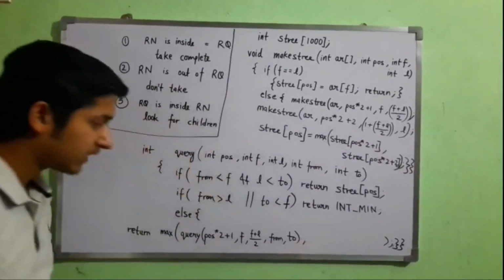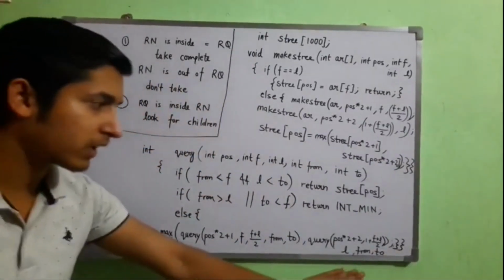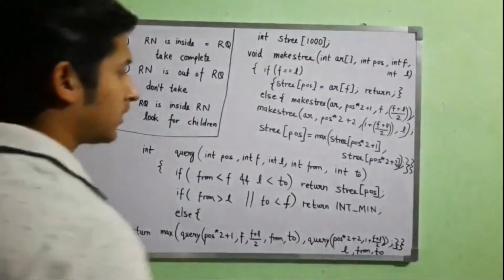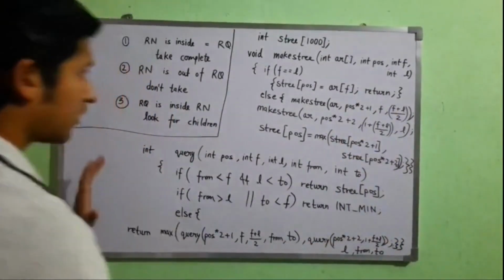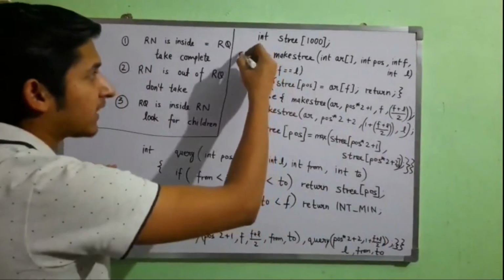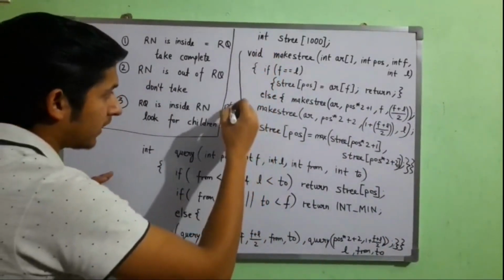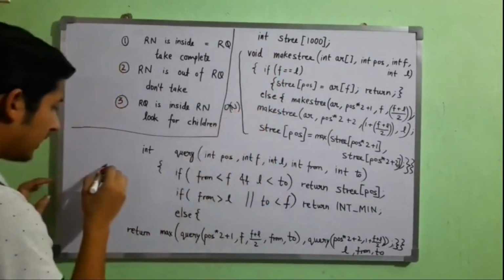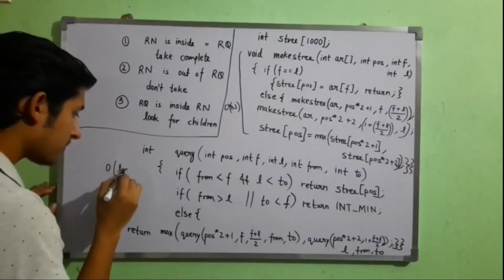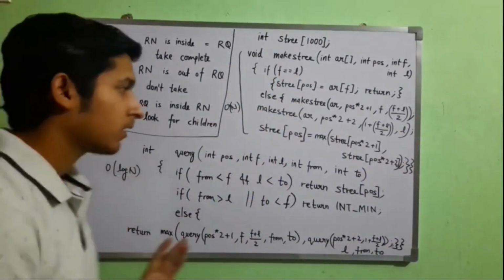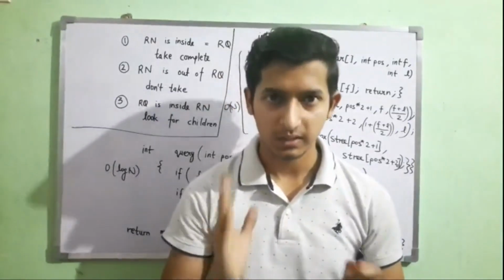So either take this, okay, you can complete this on your own as well. So this is the actual game, making the tree in order of n and completing the query in order of log n, okay? Now, let's see the computer screen.